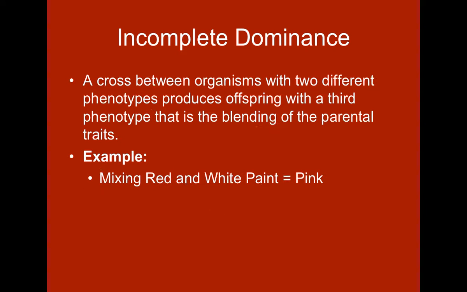So what happens here is the cross between organisms with two different phenotypes actually produces individuals with a third phenotype that is a blending of their parental traits. So again, another example would be a mixing of red paint and white paint gives us pink.